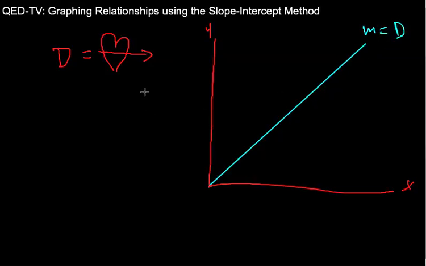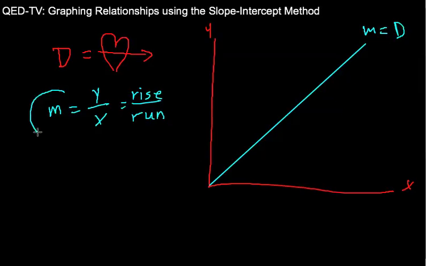And this one should be pretty easy because the slope M equals rise over run, which is y over x.